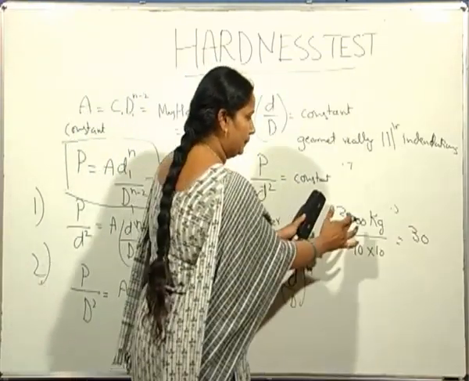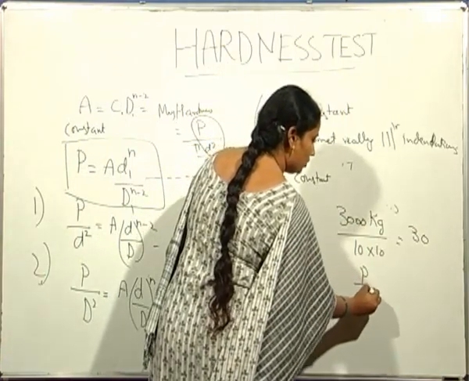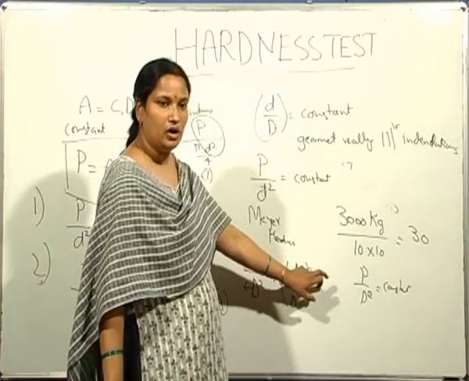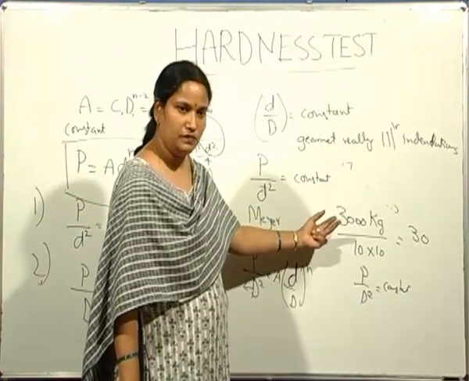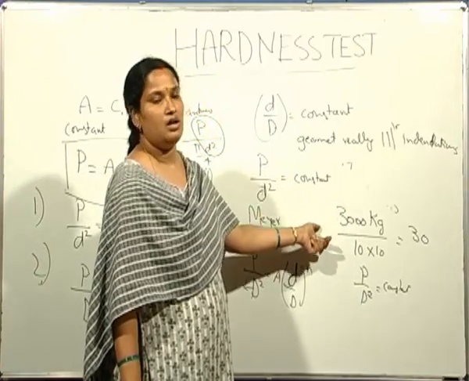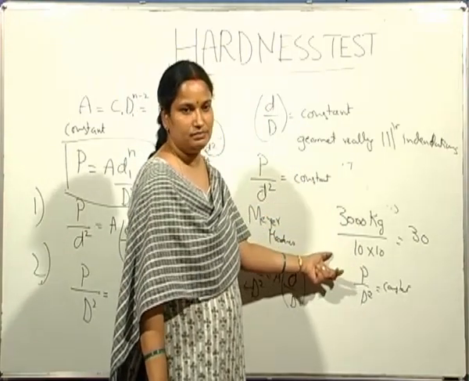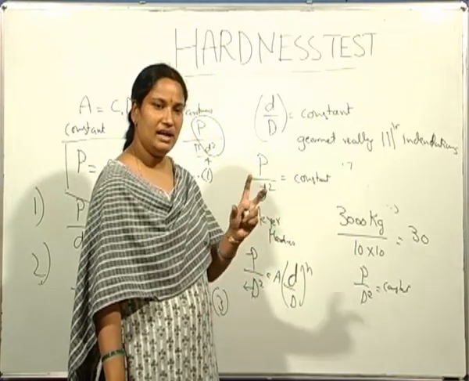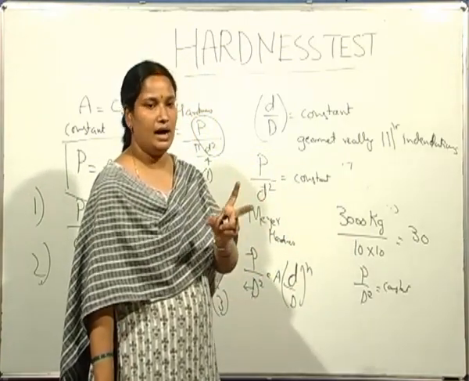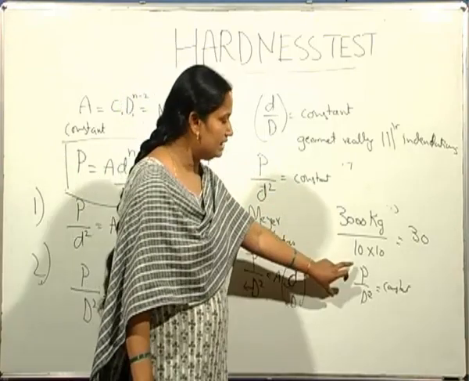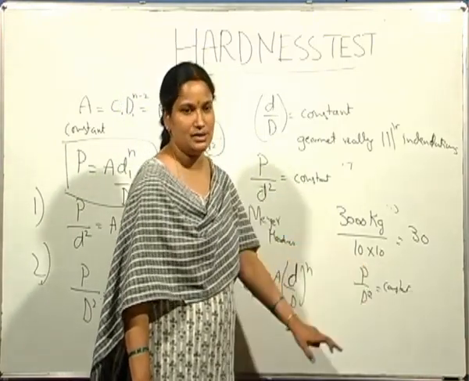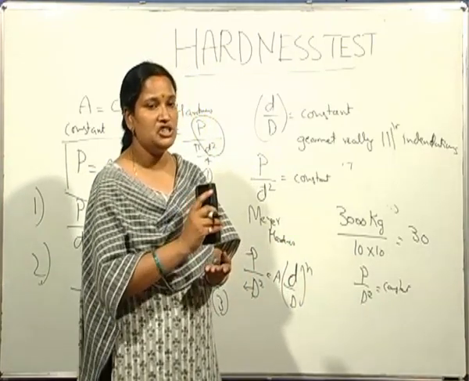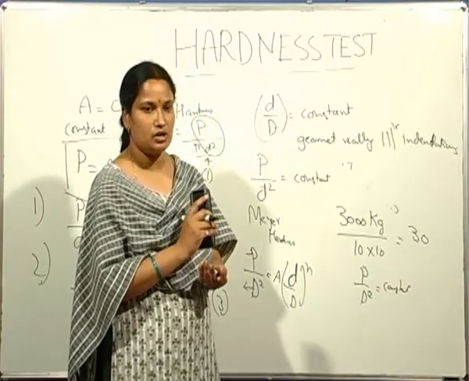So by maintaining P by D square as constant, even though one uses a non-standard load which is different from the standard value, or a non-standard indenter which has a different diameter than 10, one can obtain the same hardness value by maintaining this ratio as constant. P by D square maintained constant means the pressure on the indenter is maintained constant.